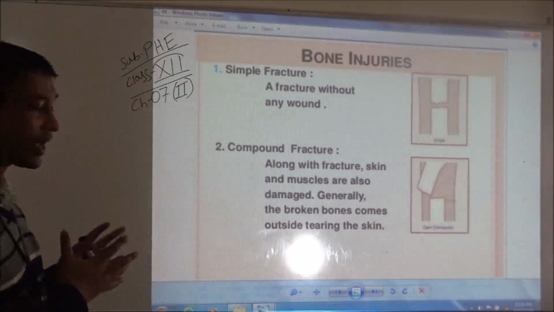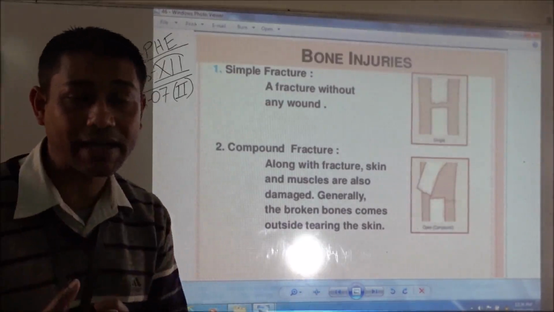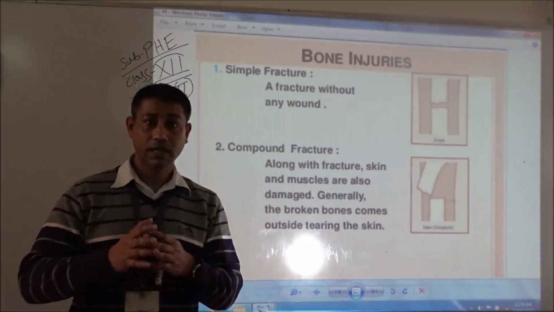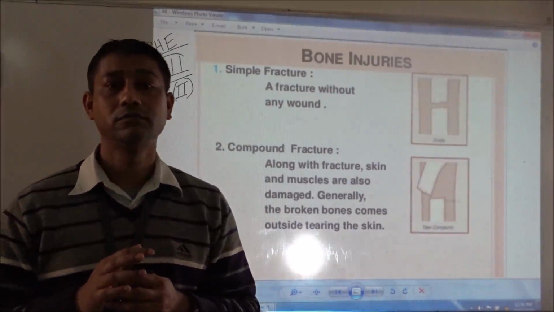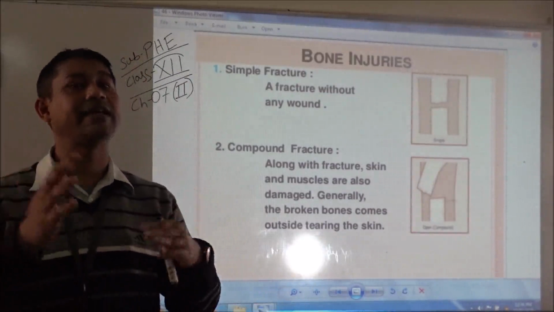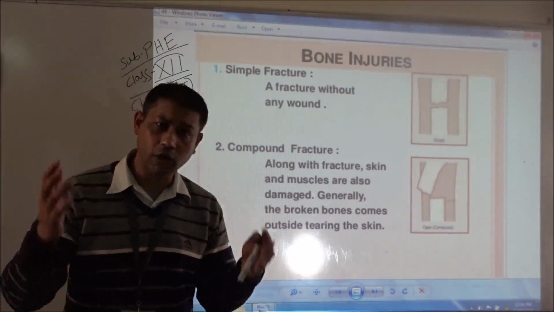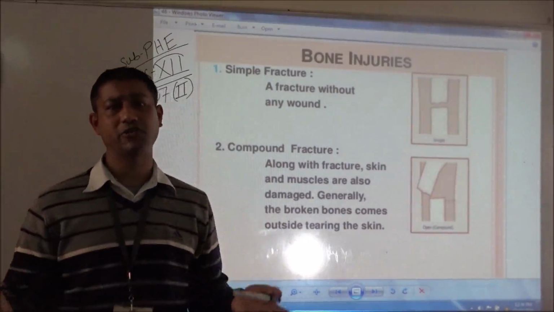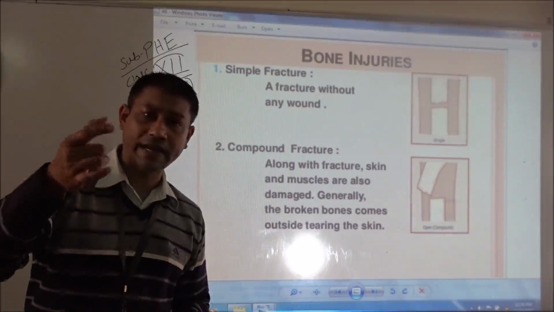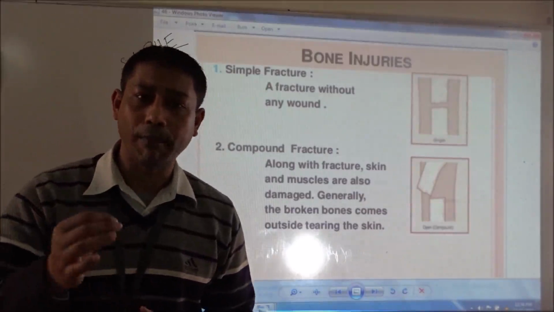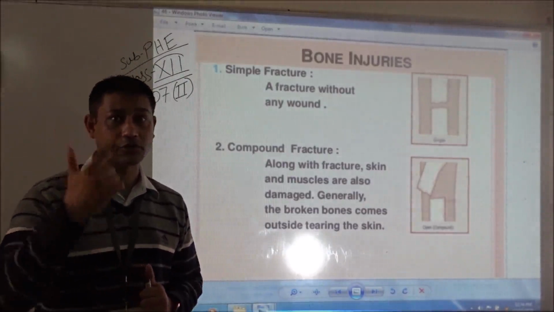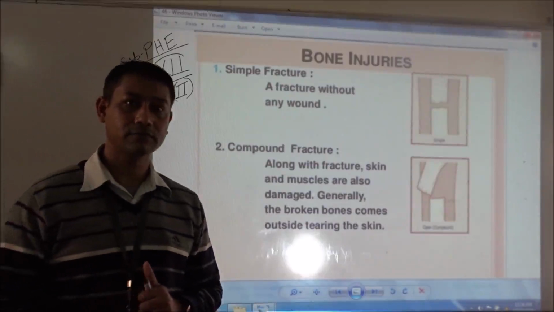So compound fracture is a type of fracture where the broken end of our bones comes out in contact with the open air by tearing the skin. It creates a lot of damage to its surrounding tissues, and also the broken end of the bone might get infected because it comes in contact with the open air.